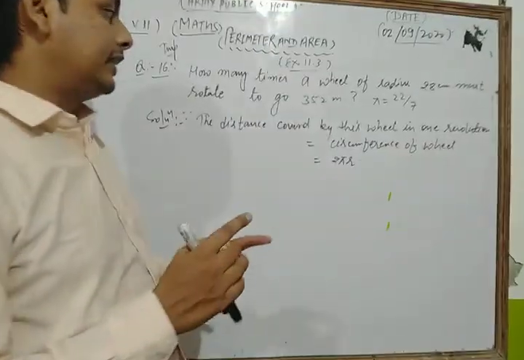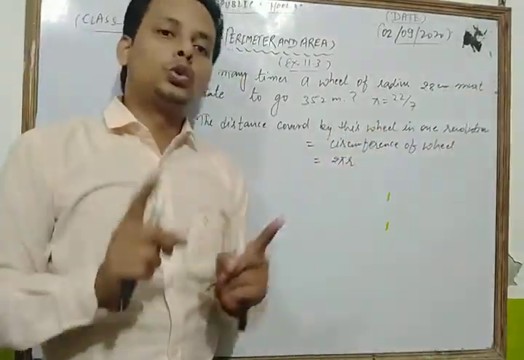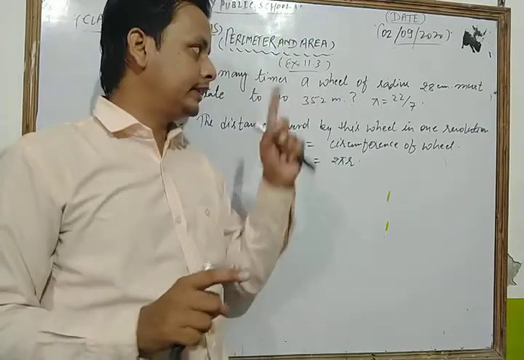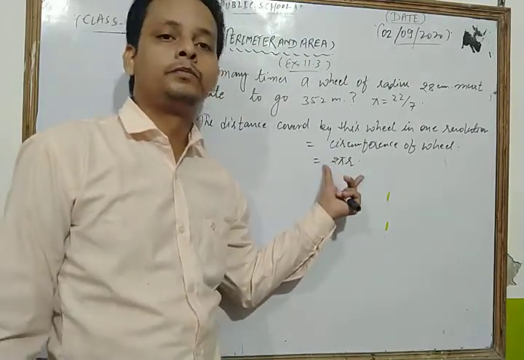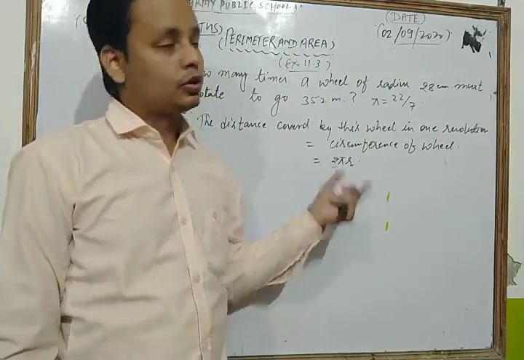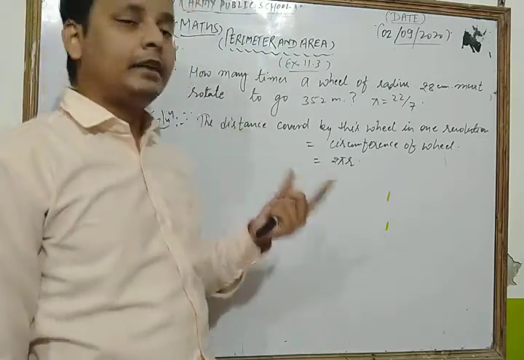So in one revolution the total distance covered by this wheel is 2 pi r. Now we find how many times.